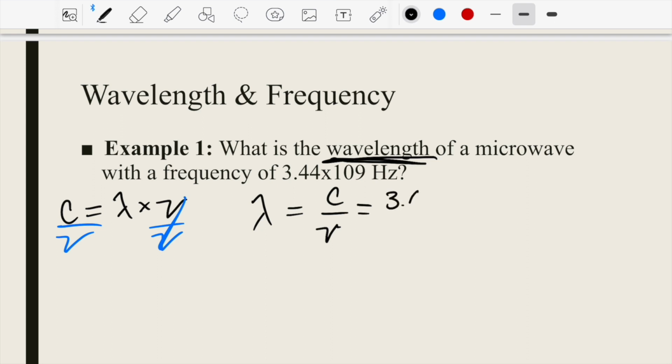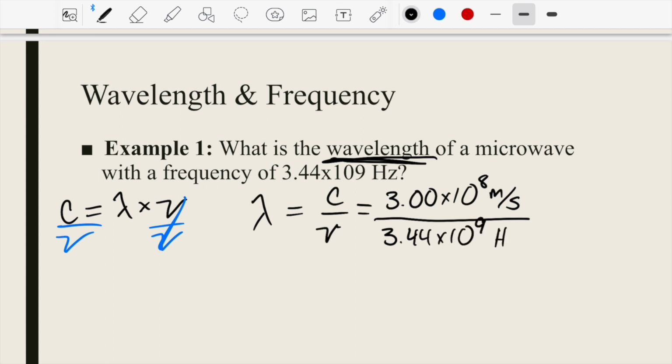The speed of light is a constant, 3.00 times 10 to the 8th meters per second. Our frequency is 3.44 times 10 to the 9th hertz. Remember, hertz is the same as 1/seconds, so the hertz and the seconds are going to cancel when we do this mathematically. Also remember, the speed of light is a constant, and so on the test, you will always be given constants. You will not be expected to memorize them.